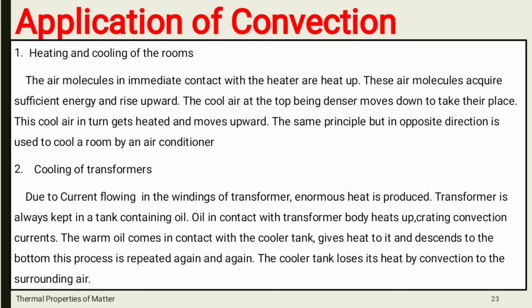We keep the transformer in a tank containing oil. Oil in contact with the transformer body heats up and creates a convection current. The oil near the transformer gets heated, its density decreases, and it comes up to the upper side of the tank, just like how water heats up.